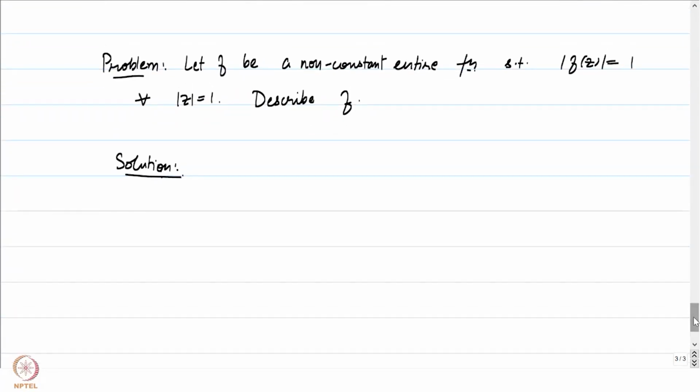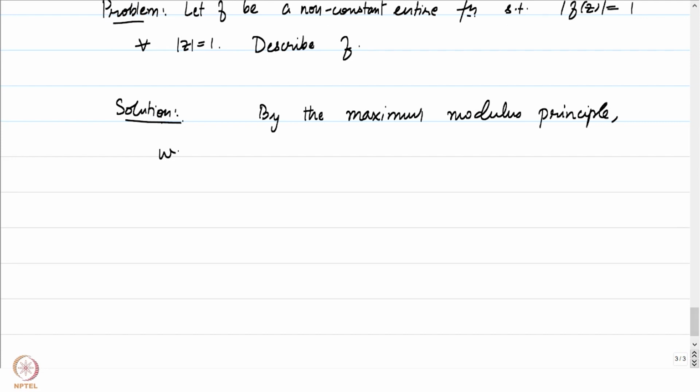The first observation is that by the maximum modulus principle, absolute value of f of z is going to be less than or equal to 1 for all z in the unit disk, because on the boundary of the unit disk, so the compact set K being equal to D bar, we apply the maximum modulus principle and we will be able to conclude this.